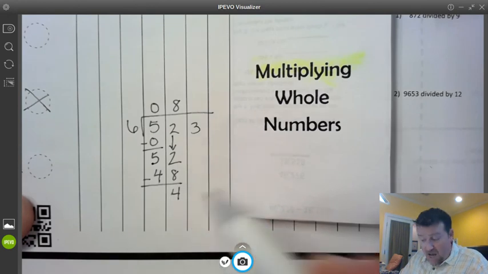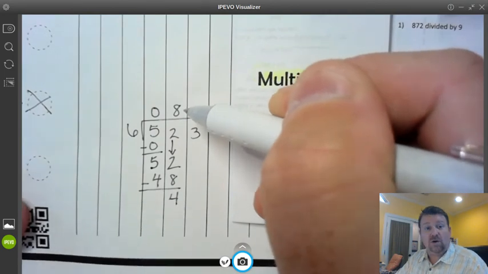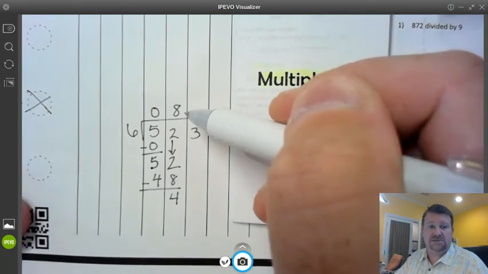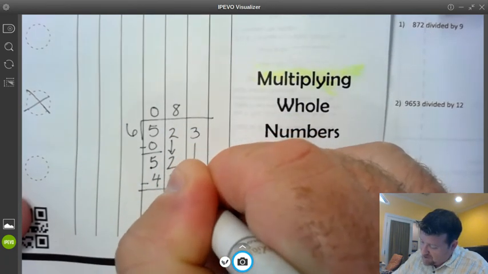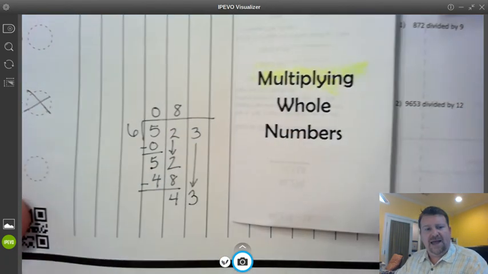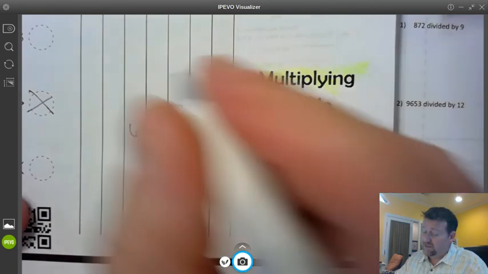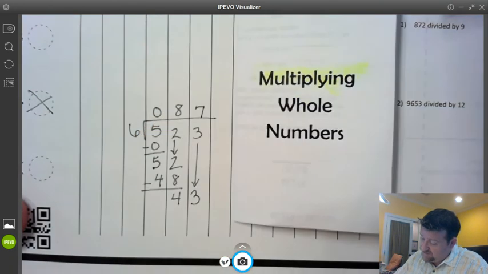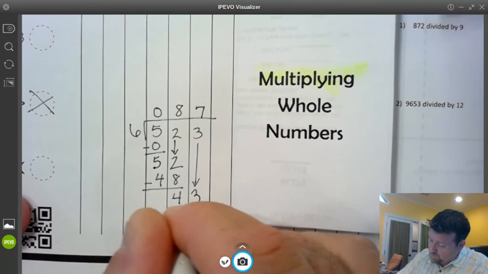If not, this digit, the 8, was not large enough, and we would have to back up a step. Okay? So now we're okay. We're going to drop our 3. And how many 6s can I take out of 43? The answer to that is really close to 8. It's 7. 7 times 6 is 42.